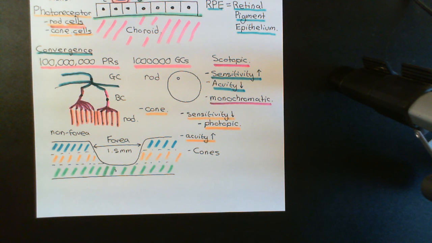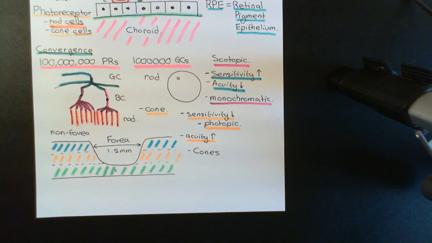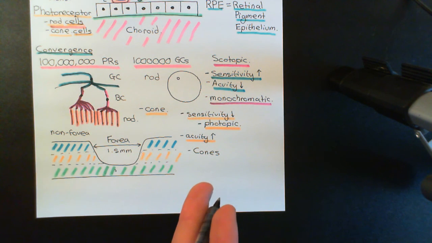This is why if we want to see something in detail, we make sure that our fovea is looking at it. So when we want to look at something in detail, we make sure that the centre of our eyes are looking at that area, are aligned with that area. So for instance, if I want to read this, I'll make sure that my eyes are directly looking at this. I won't try and read it whilst looking at something else.